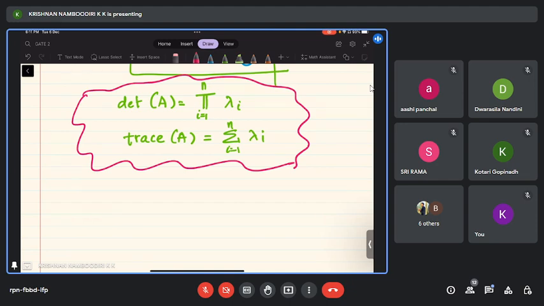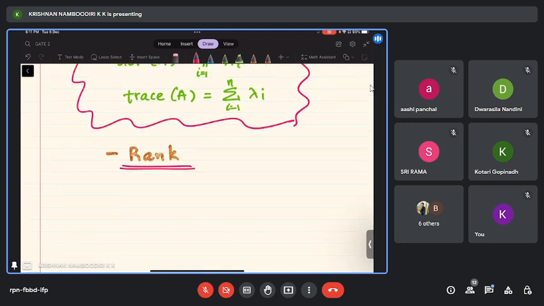Now we will come to the very important concept of rank of a matrix. Rank is not only defined for square matrices; the rank of a matrix is defined for any matrix of size m cross n. M need not be equal to n.